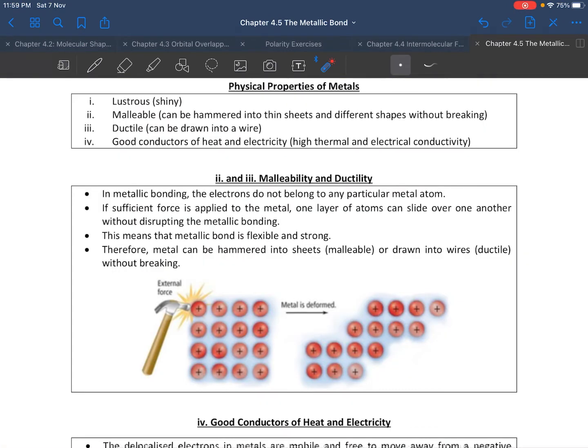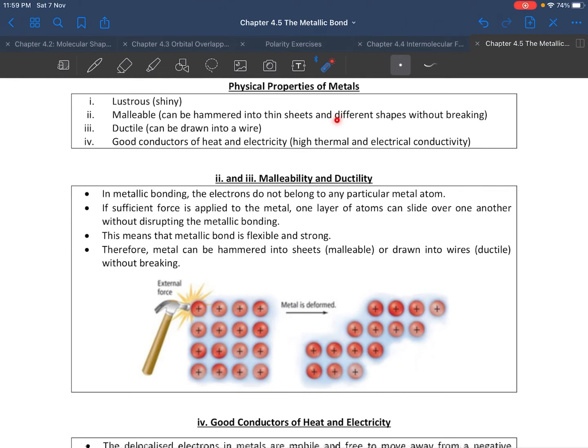Okay, so next we are going to learn about physical properties of metal. Okay, so physical properties of metal, the first one is lustrous or shiny. And second, malleable. That means metal can be hammered into thin sheet and different shape without breaking. Okay, kiranya kalau kamu pukul besi tu guna hammer, dia tak patah.